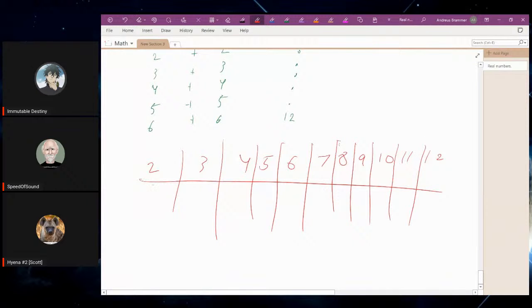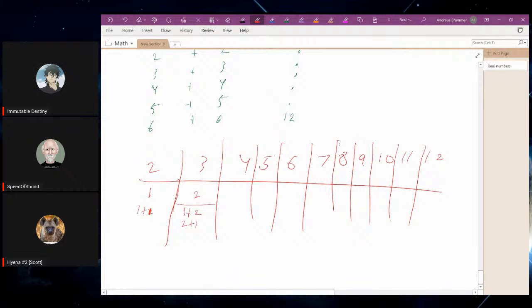Well, I can only do that in one way. Snake eyes. 1 and 1. Precisely. For 3, there's 2 ways I can do it, and those 2 ways are adding 1 and 2, or 2 and 1.